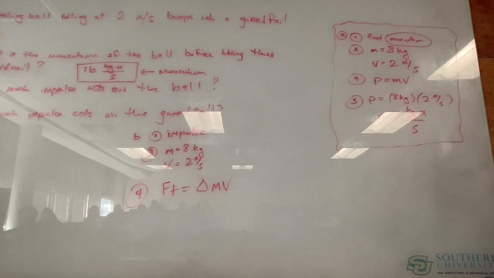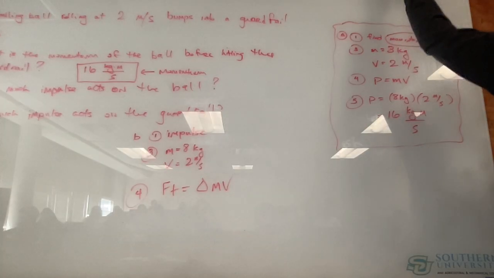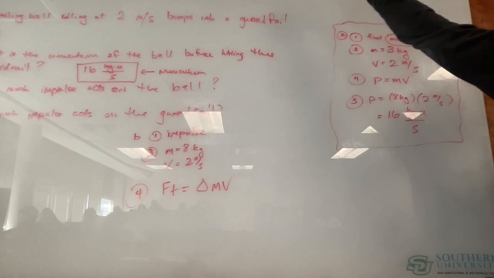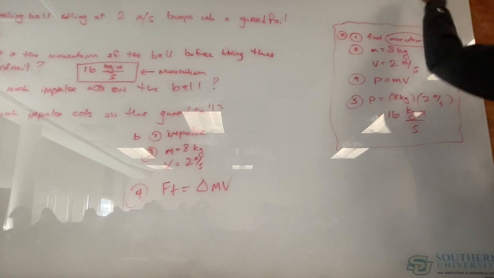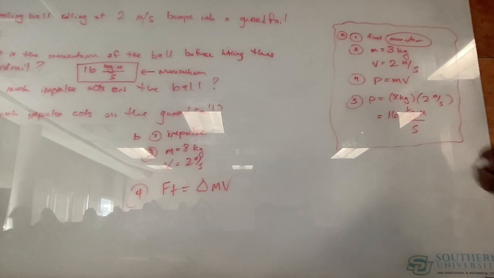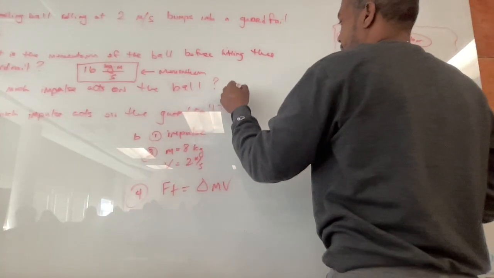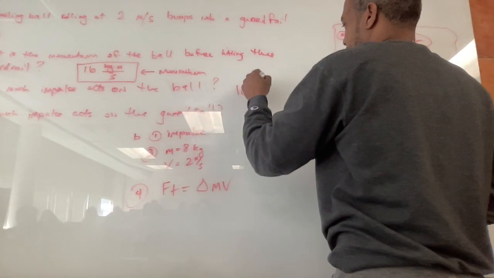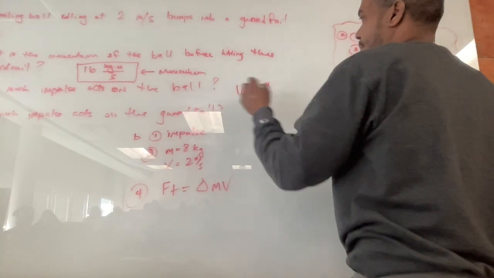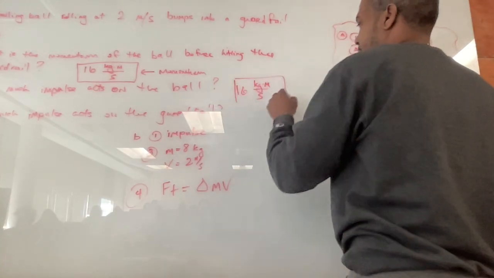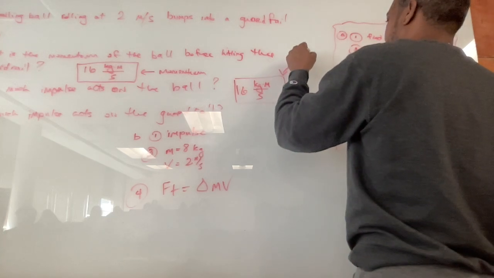All right, so that right there, that's gonna equal what? 16 kilogram meter per second. So A and B are the same thing. All right. This is your impulse.